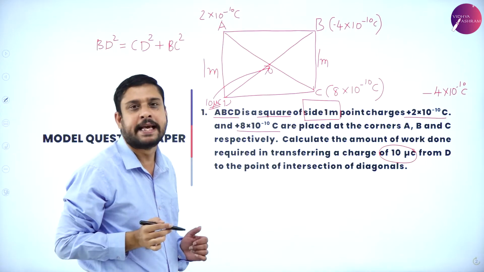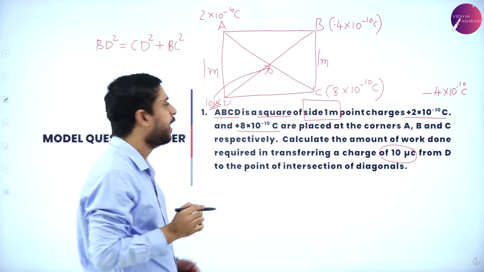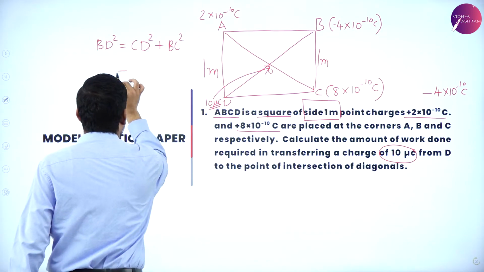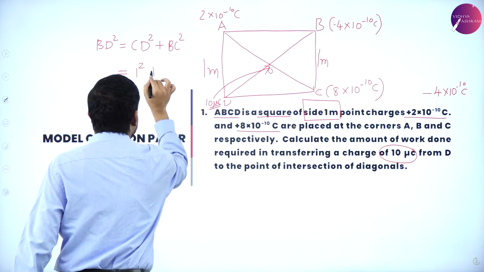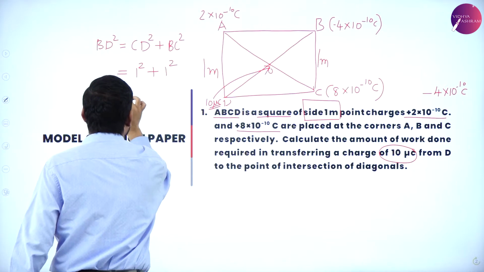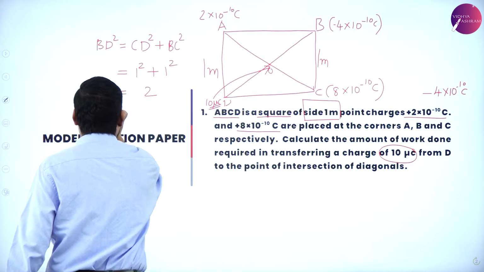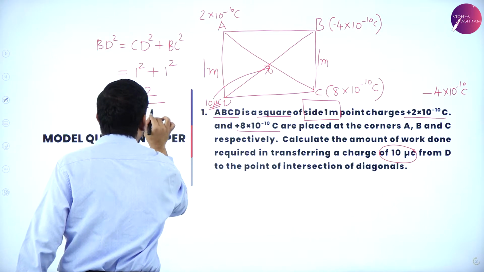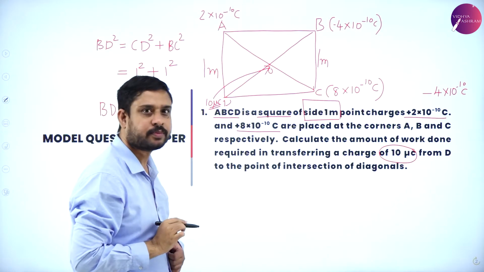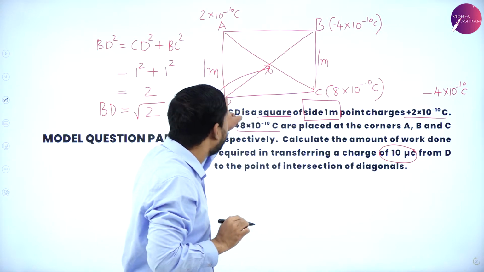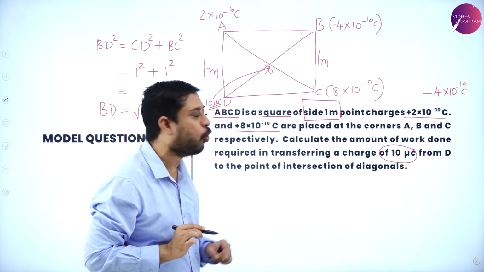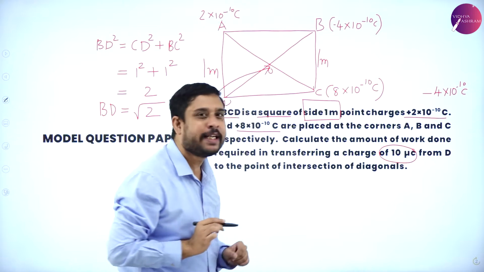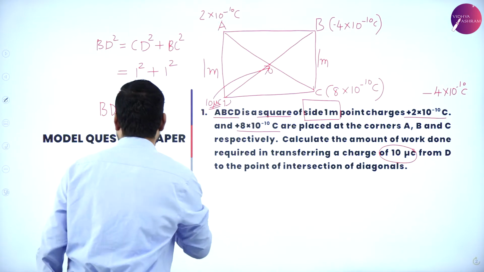This is by using our Pythagoras theorem, or this is 1 square plus 1 square, which is 2. So BD is root 2. If BD is root 2, OD is half of that.